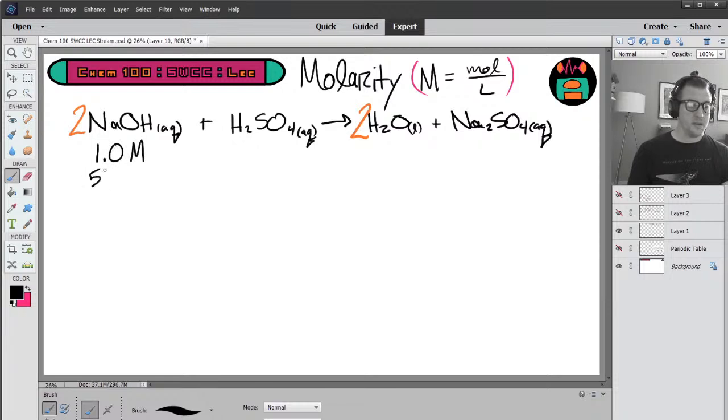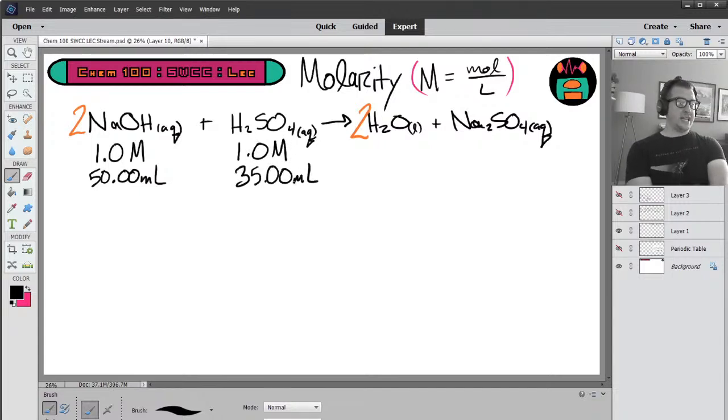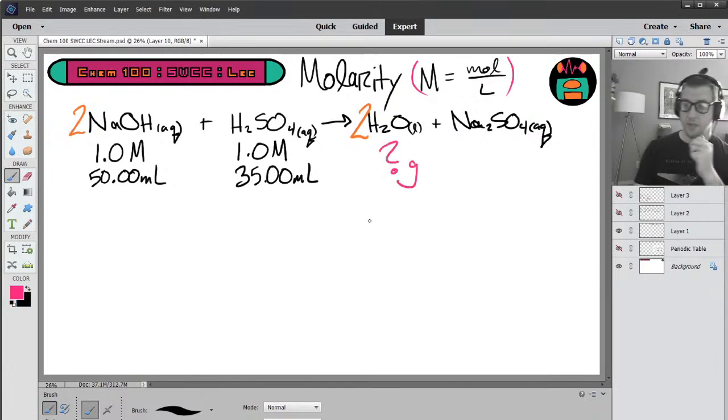We had 50.00 milliliters of it. And we were told that this was mixed with a 1.0 molar solution of sulfuric acid, and that we used 35 milliliters. And we're asked to find the theoretical yield in grams of water produced by this reaction.